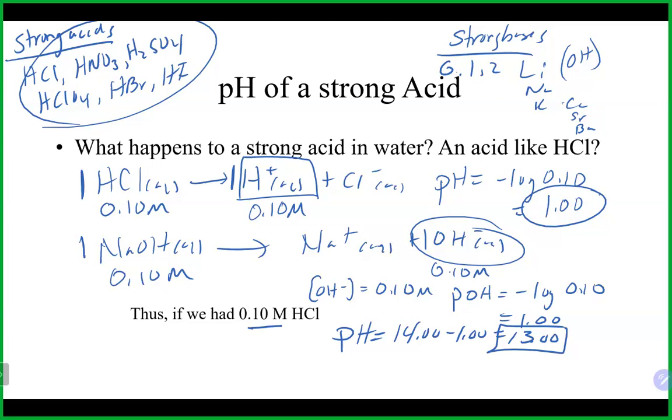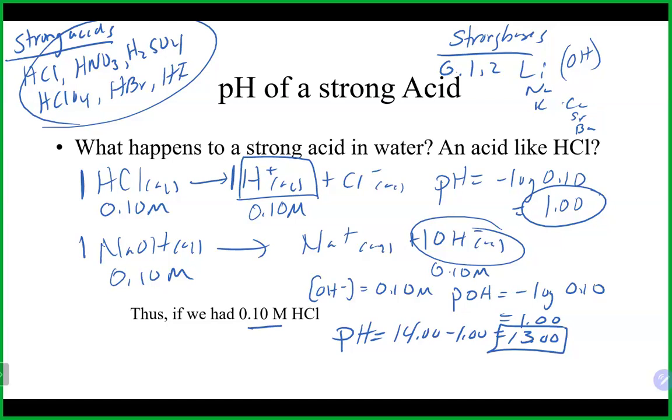So if you're looking for the pH of either a strong acid or a strong base, for the strong acids, you basically just need to get the proper H plus concentration. And if it's a strong base, you need the hydroxide concentration, which will get you not the pH directly, but you can get the pOH and very easily get to the pH.